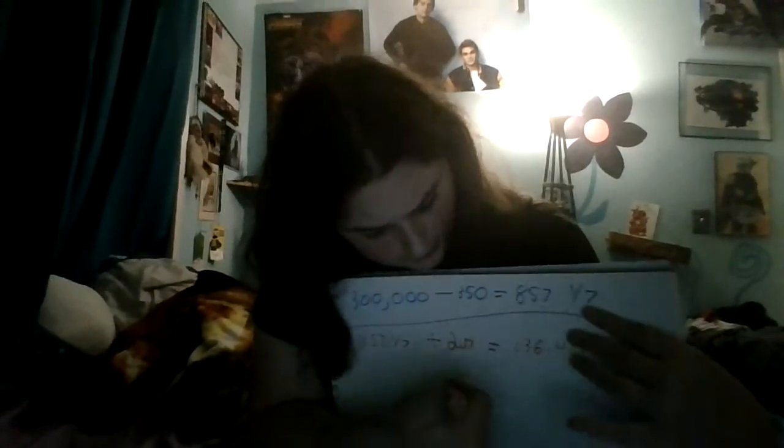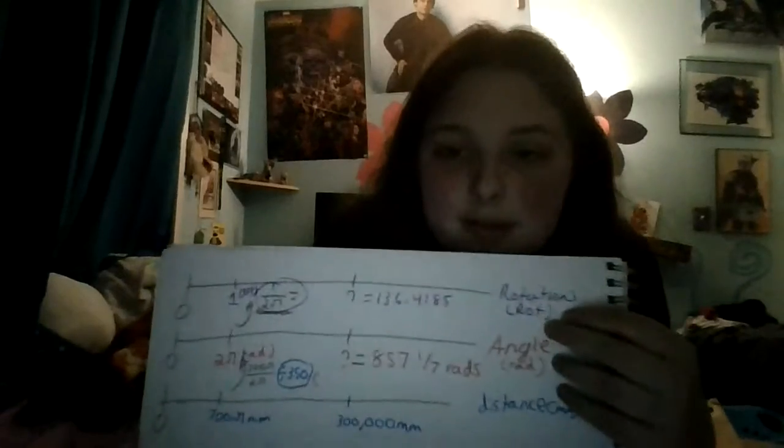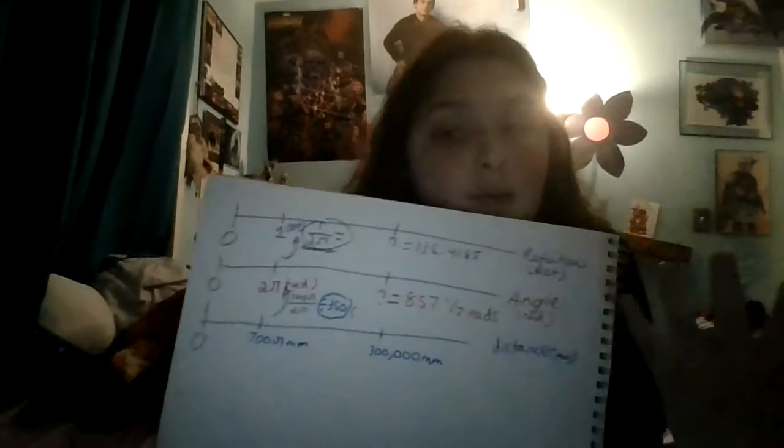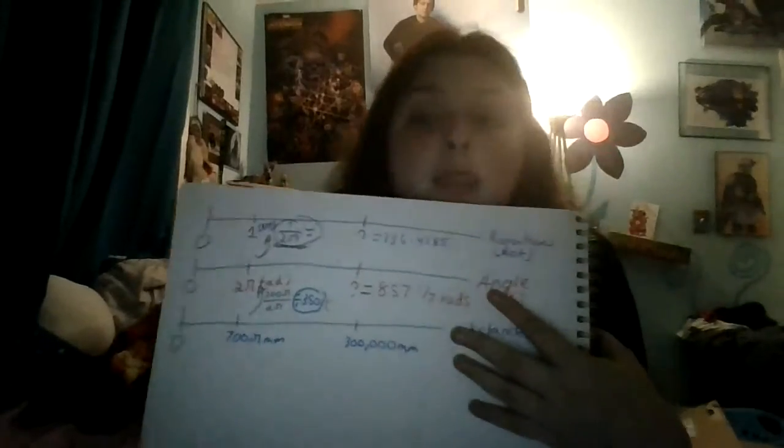So we're going to go back to our decimal number line and do 136.4185, and then I'm just going to do dot dot dot because I know it goes on for some time. Not repeating, of course, because why would that be easy? So you can see we got all of our parts now, and we have our answers, so that's great.